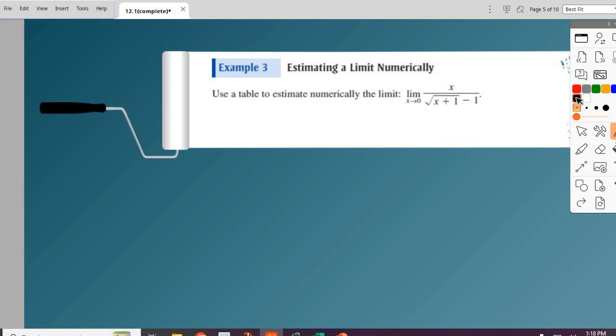Okay? So, on your scientific, you're going to click the table button, which is on the 3rd row, 4th column, right there next to clear. Then you're going to type in whatever function you want to use. In this case, our function is x divided by the square root of x plus 1 minus 1.